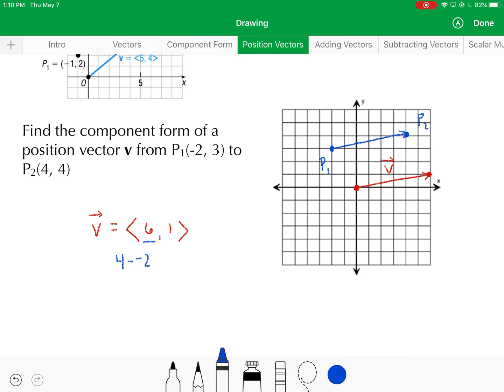And then similarly, the vertical component of 1 can be found by taking the y-coordinate of point 2 and subtracting it by the y-coordinate of point 1. So that's how you can algebraically find those components for the position vector without actually drawing everything out.